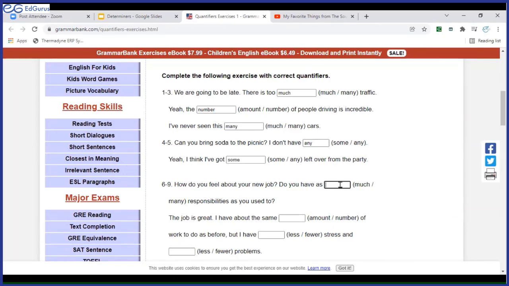How do you feel about your new job? Do you have as dash responsibilities as you used to do? Many. Okay. The job is great. I have about the same dash of work to do as before.